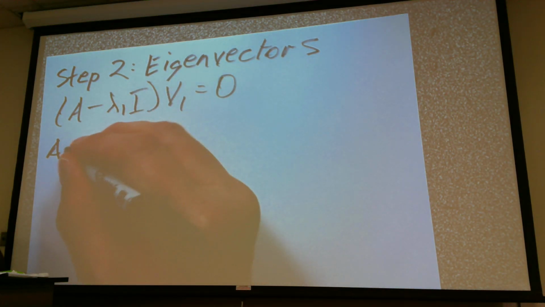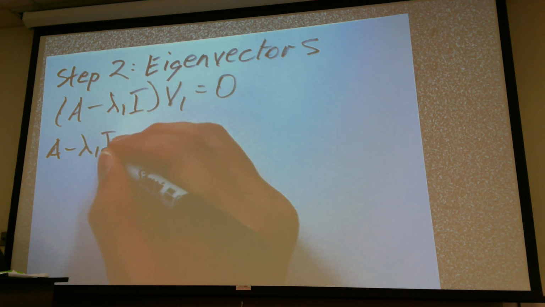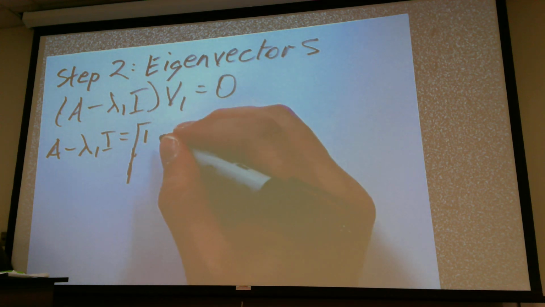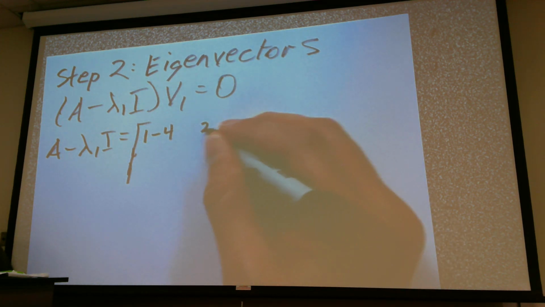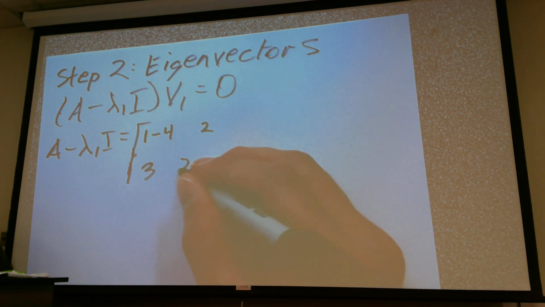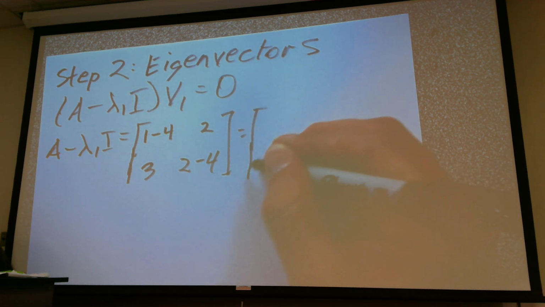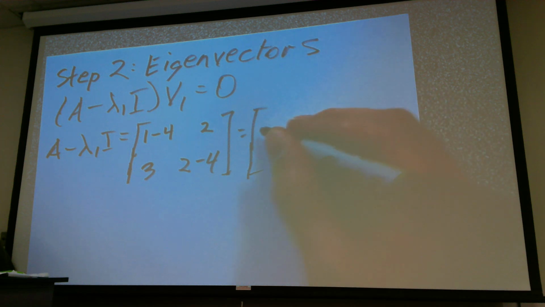So A minus lambda 1 I would equal, okay, so this would be 1 minus 4, 2, 3, 2 minus 4. All right, so 1 minus 4 is negative 3. That's 2. That's 3. That's negative 2.